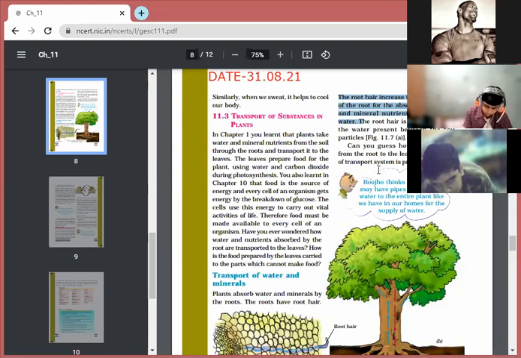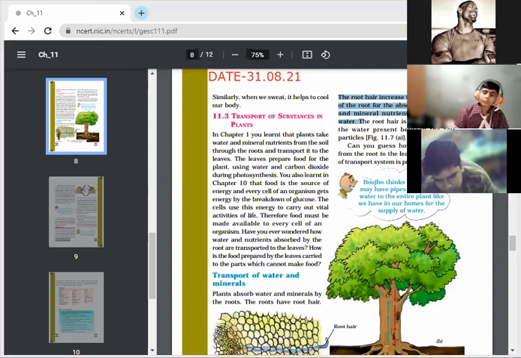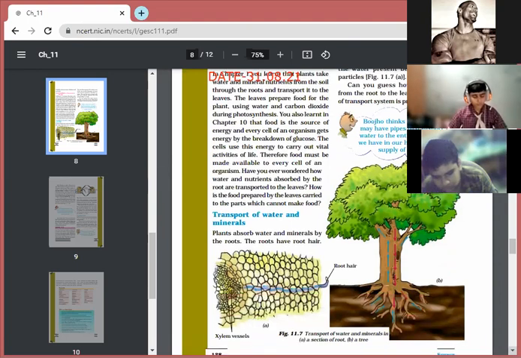Now a very interesting thing is how water moves from the roots to the leaves. Children, we have already planted and watered plants, giving water to the roots of the plants. From the roots, the water transfers to the stem and then to the leaves.